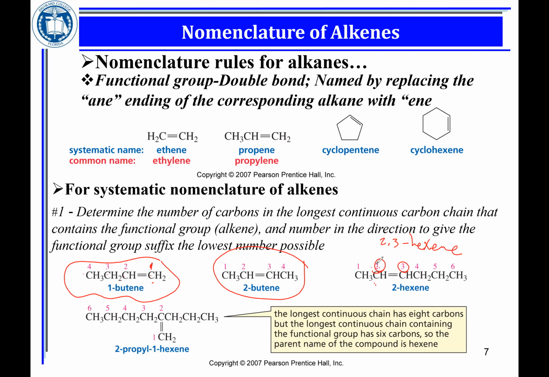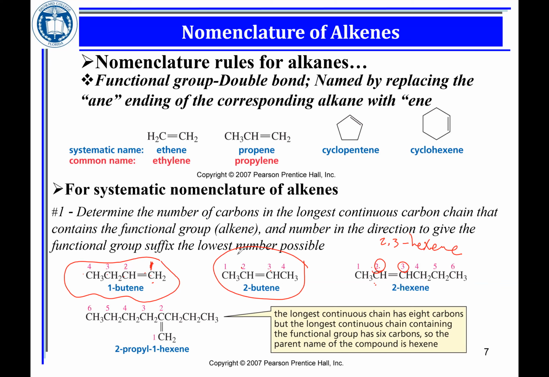So if you say 1-butene, that means the double bond is between carbon 1 and 2. When you say 2-butene, that means between carbon 2 and carbon 3, there is a double bond. That part is kind of understood.